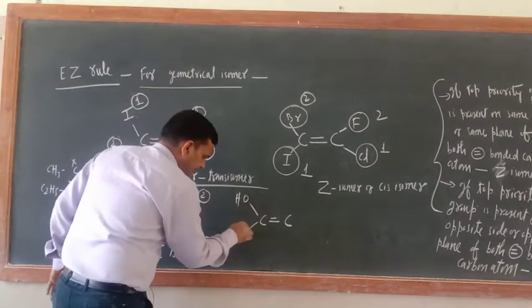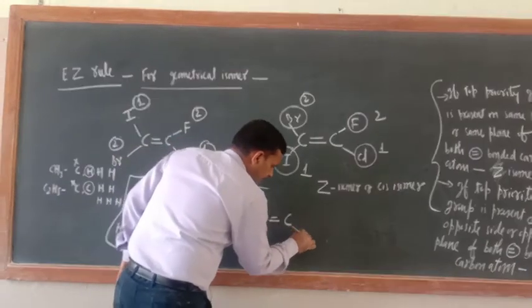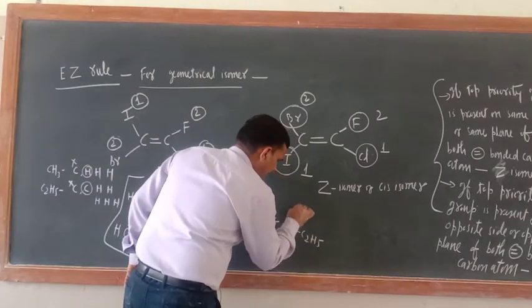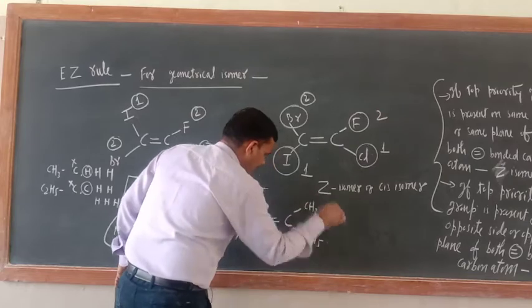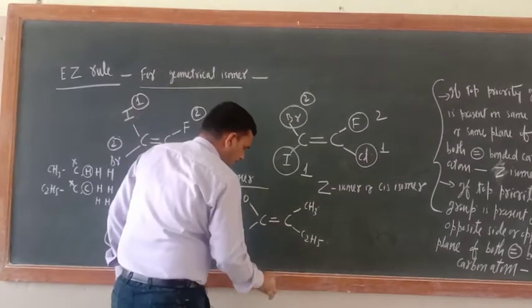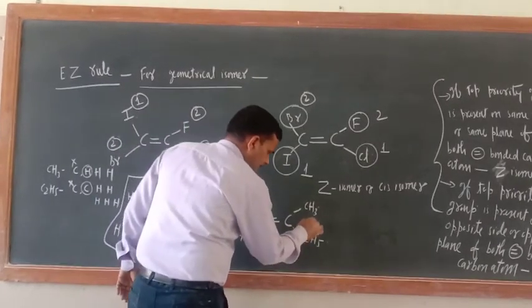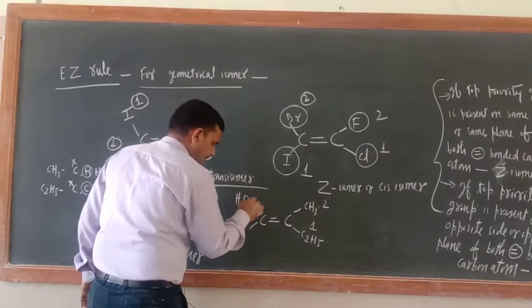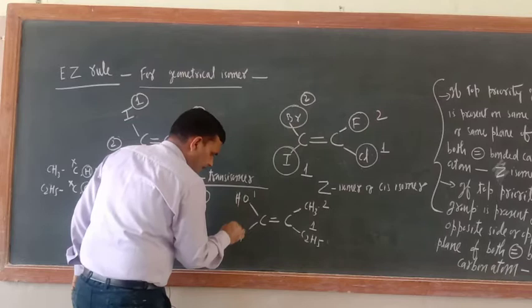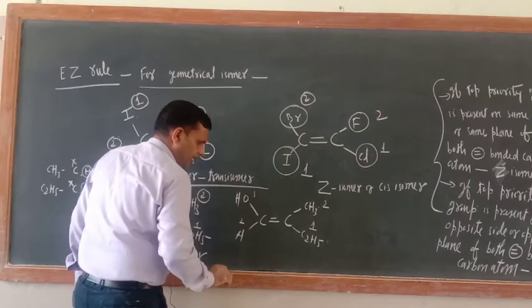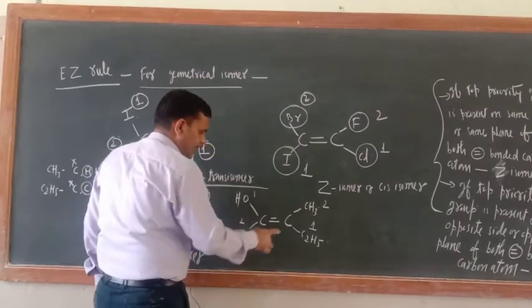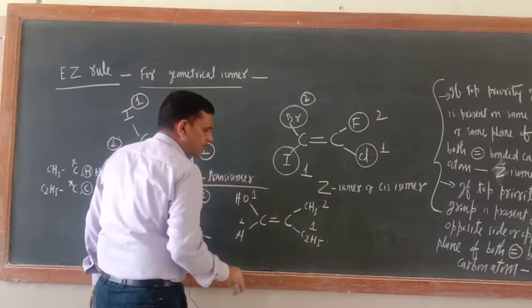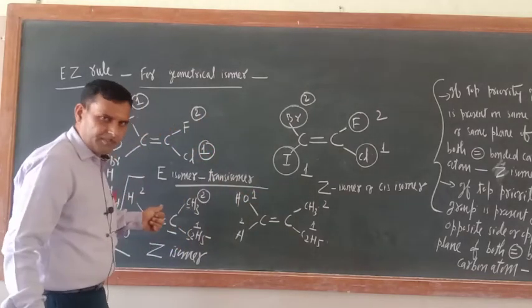OH, this side H, here what is there? C2H5, and here what is there? CH3. Okay, so here this is the first group, this is the second group, here this is the first group, here this is the second group. Now on what basis are we numbering, you know or not?